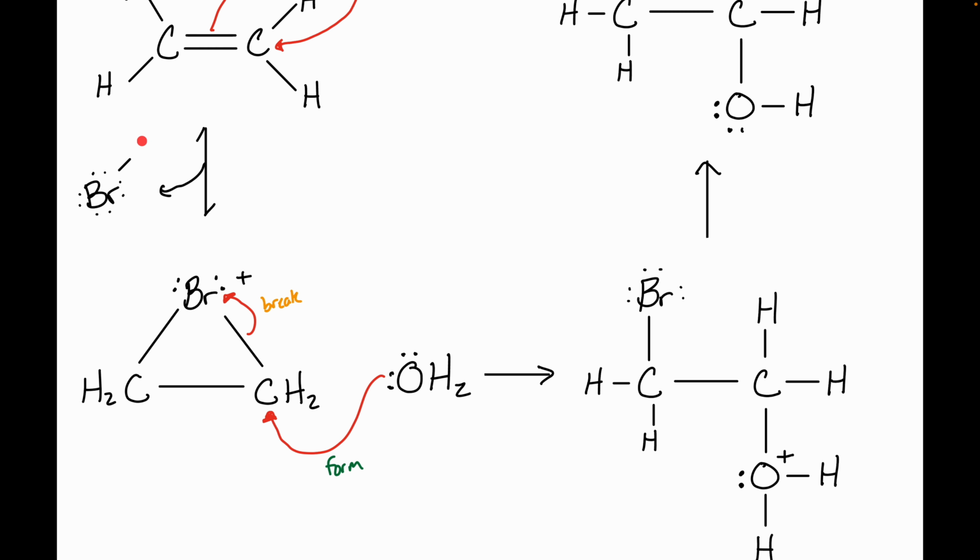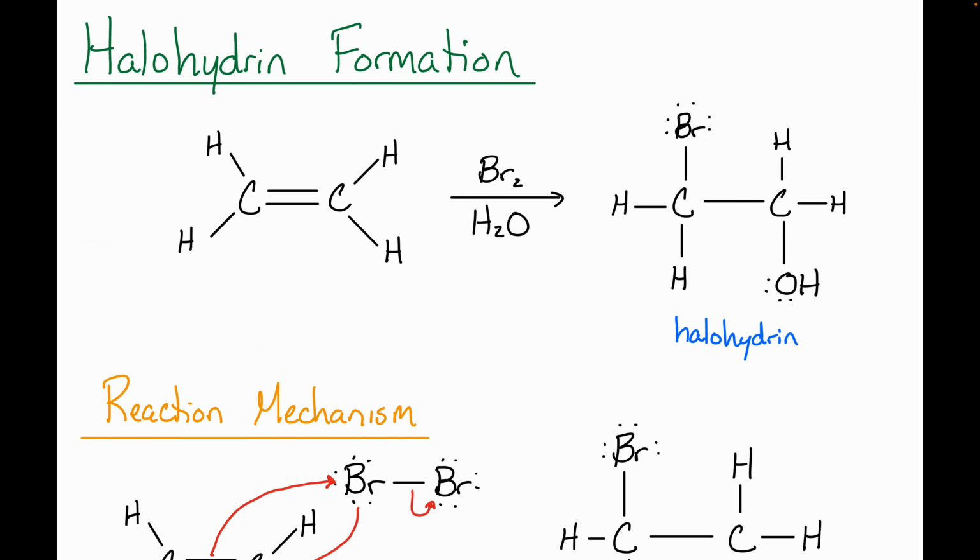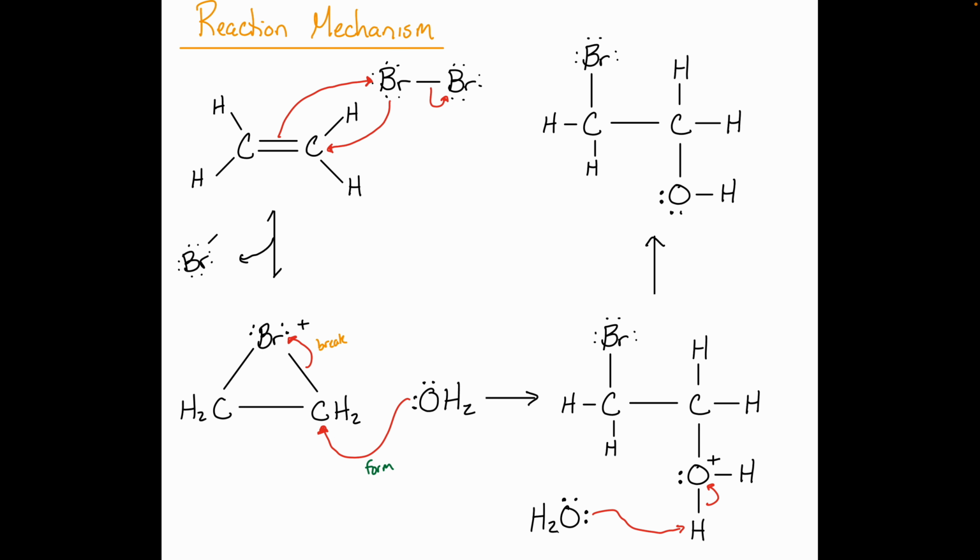So the bromide ion is an absolute crap base. So really, what's going to happen in our reaction mixture is a second molecule of water is going to be the one playing the role of the base, deprotonating that, so we'll produce some hydronium in the process.